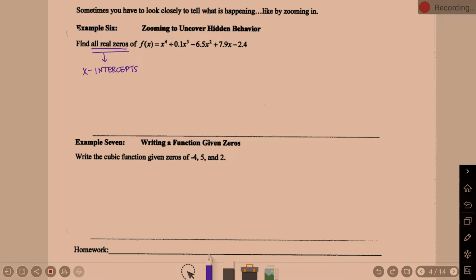Mine says -3.099736. I don't know what your y value is. My y value says -6e to the -12. What is that y value? That's approximately 0, isn't it? Okay, so don't write that down as -6e to the -12.